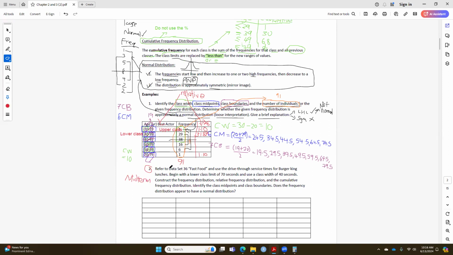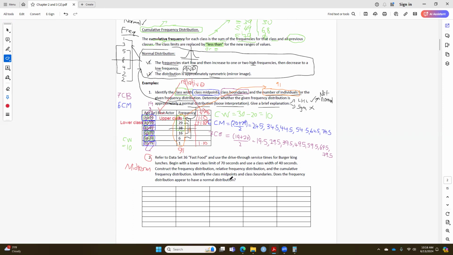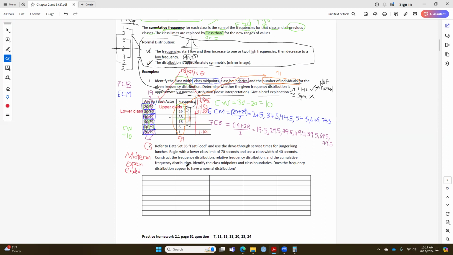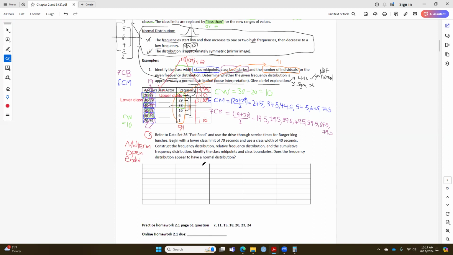It will be a different data set, but I will ask you for the same thing. So please pay attention to this one. This will be in your midterm as your open-ended question. As you remember, in your test, you have multiple choice and open-ended questions. And what are open-ended questions?